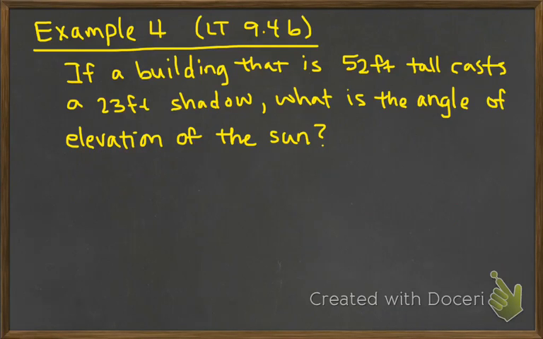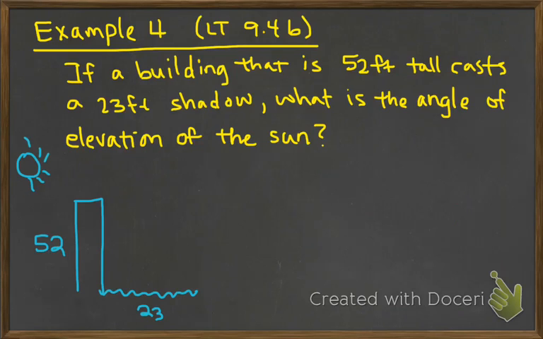When we have this, the first thing we want to do is draw a picture. Here's my building, and it's 52 feet, so I'm going to label it with 52. It casts a shadow, so I've got some shadow on the ground that is 23 feet. Now keep in mind, if the shadow is going, in my case, to the right, that means my sun is over here off to the left.